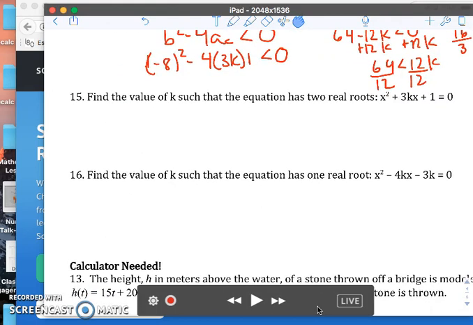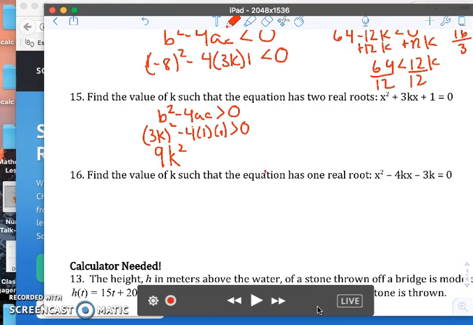So the next one, 2 real roots. So that means b squared minus 4ac has to be greater than 0. So we have 3k squared minus 4 times 1 is greater than 0. So 9k squared minus 4 is greater than 0. We start solving this, so we add 4, so 9k squared is greater than 4.